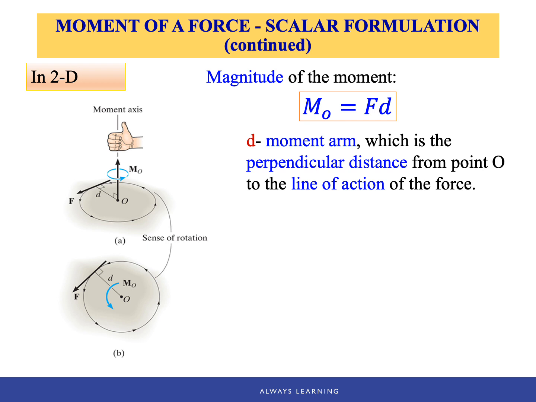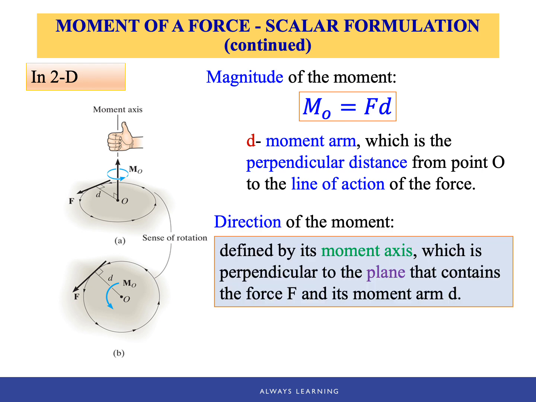So if that's the case, the direction of the moment is described by the moment axis. This moment axis is perpendicular to the plane. So now you see this line marked by M sub O, that's the moment axis.